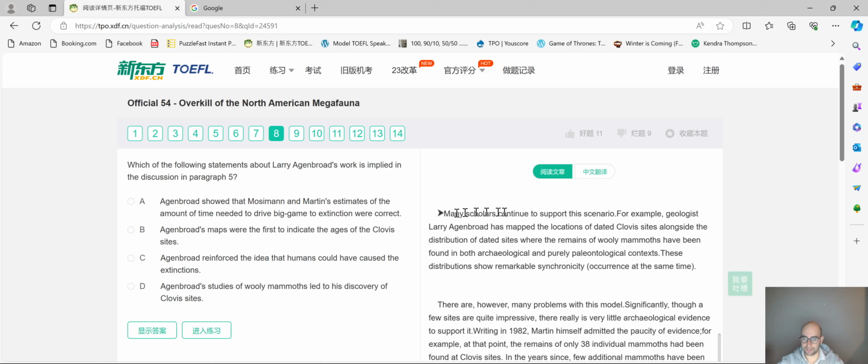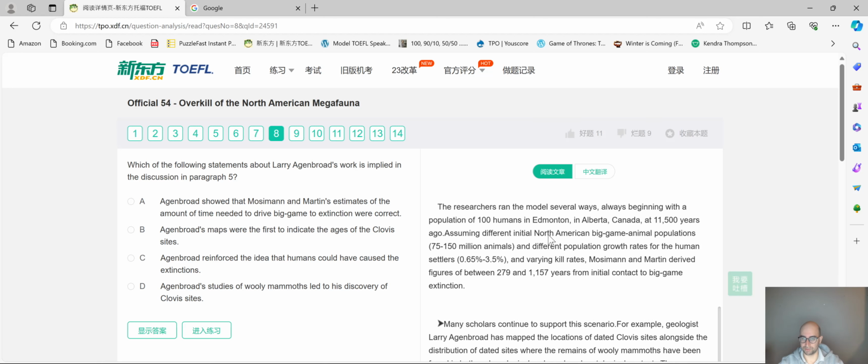"Many scholars continue to support this scenario." So this is a more challenging inference question. To really understand this one, you need to know what this scenario was referring to. Since we're on question 8, they already discussed this in question 7, maybe question 6. So I'll just spoil this really quick. In the previous paragraph, researchers ran a computer model.